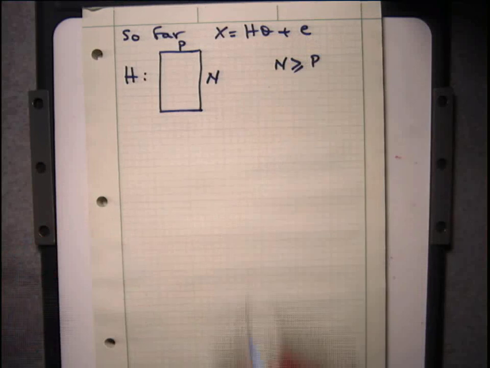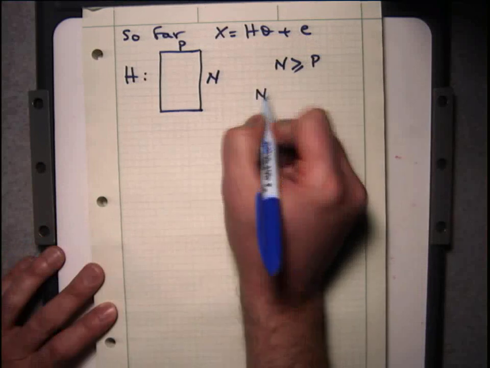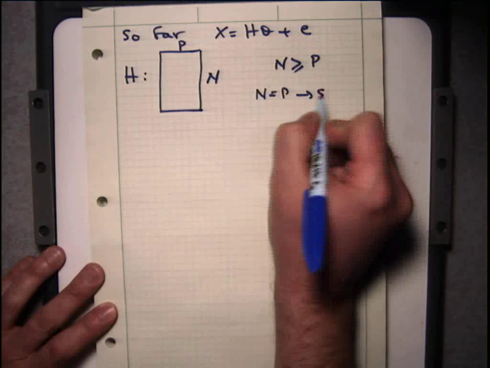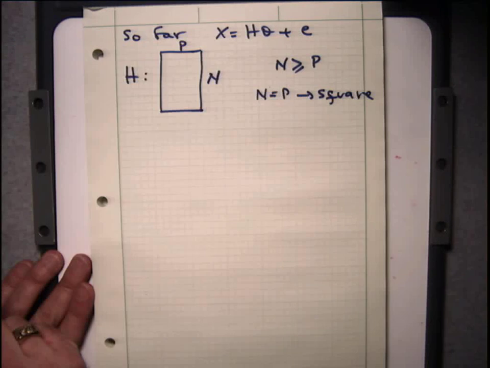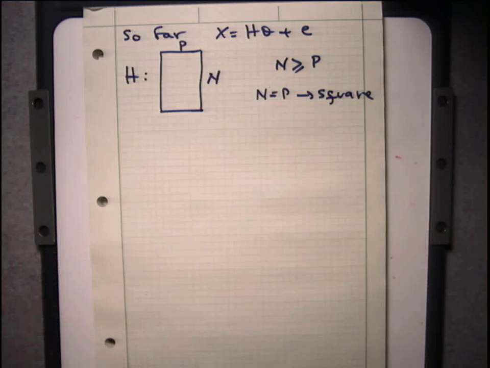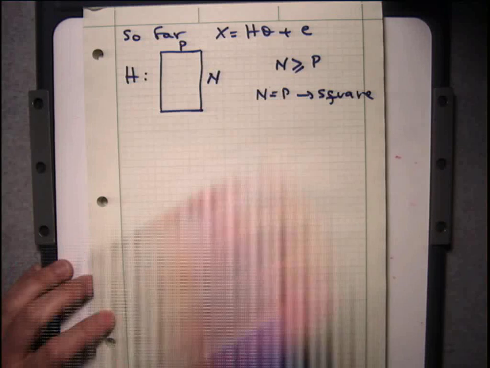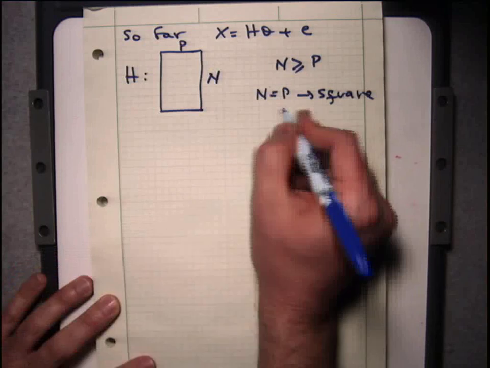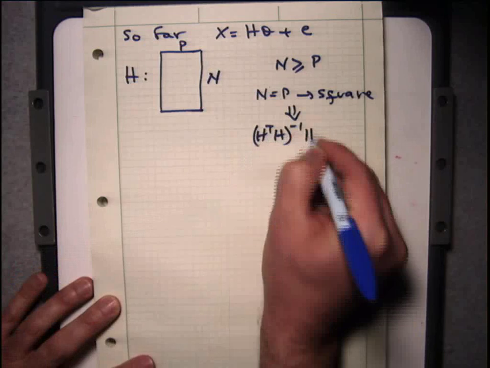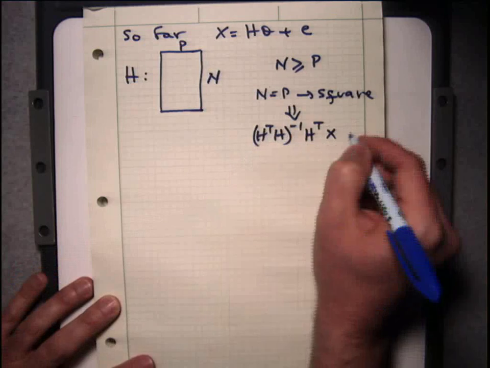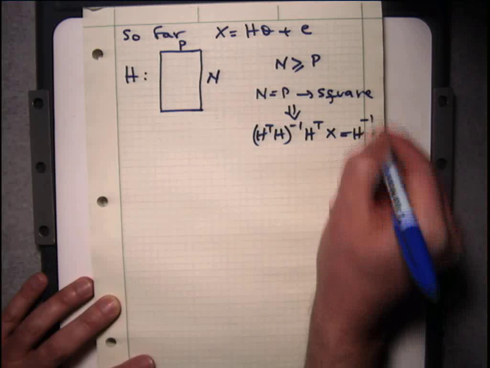If n is equal to p, then you have a square system. This matrix becomes square, and then you can just invert each term, and things become very simple. H transpose H inverse H transpose x is just H inverse x.